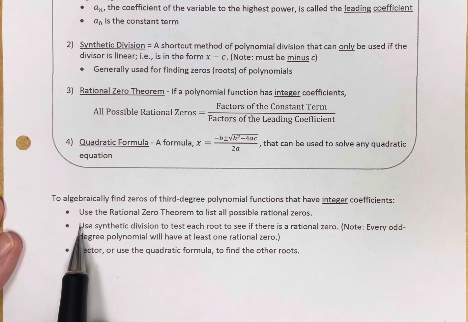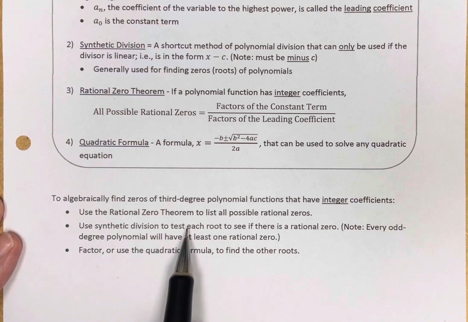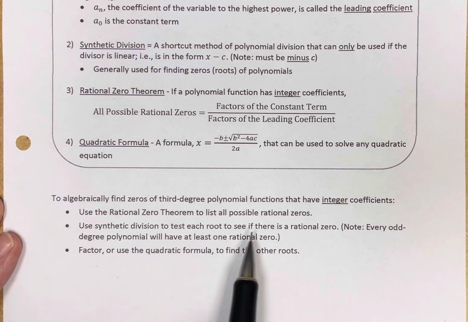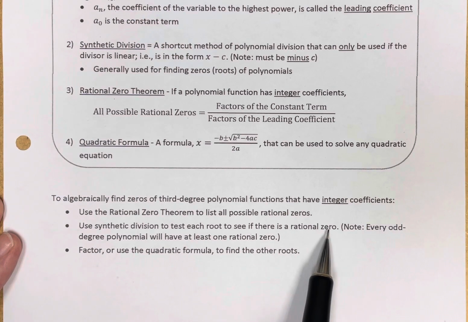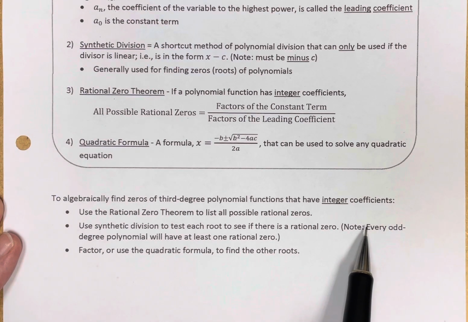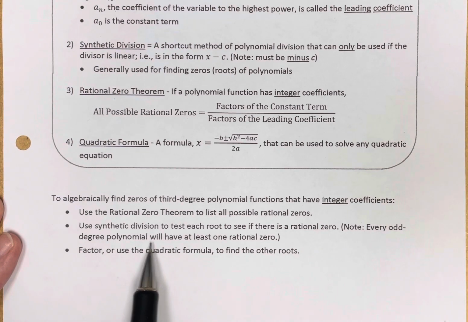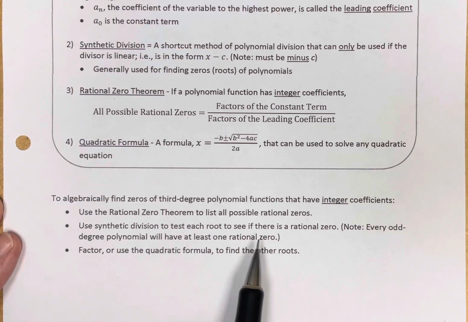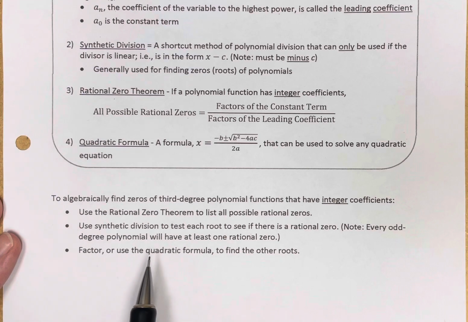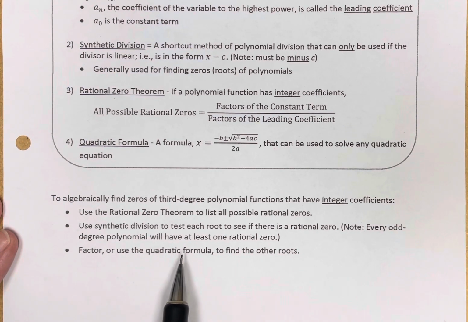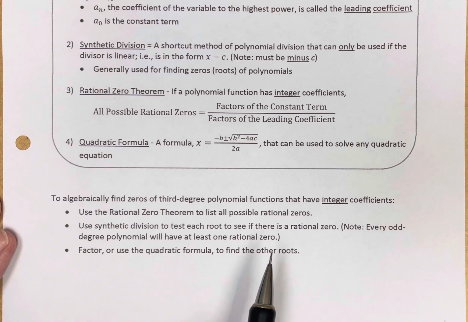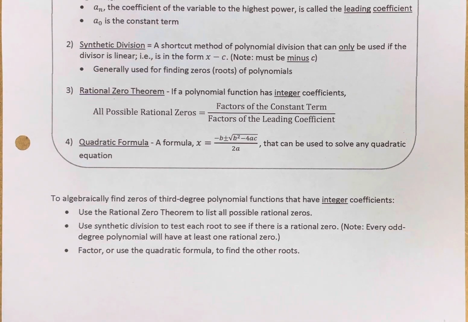We then want to use synthetic division to test each of them to see if there is a rational zero. Note, we're doing third degree polynomials, and every odd degree polynomial has at least one real zero. And then we want to factor or use the quadratic formula to find the other roots.